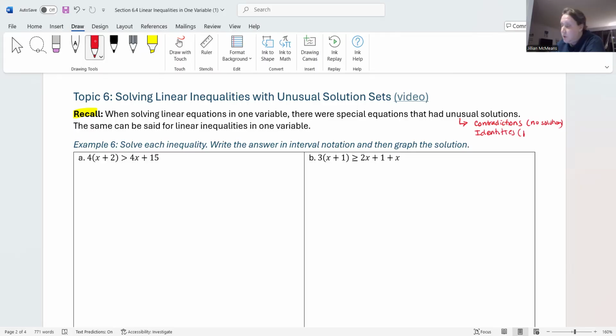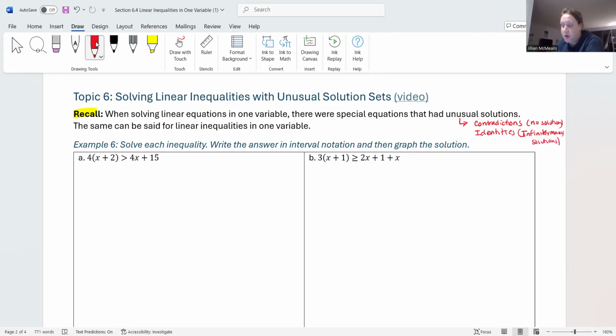So x could be all real numbers. So infinitely many solutions. Okay. So those are those unusual solutions.